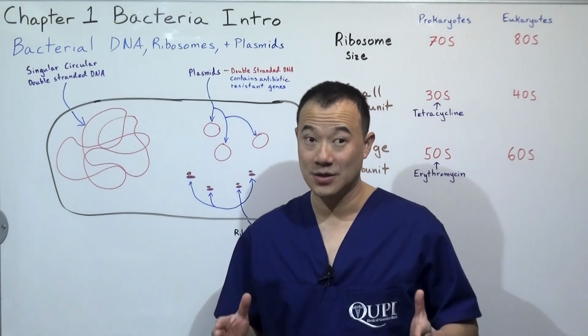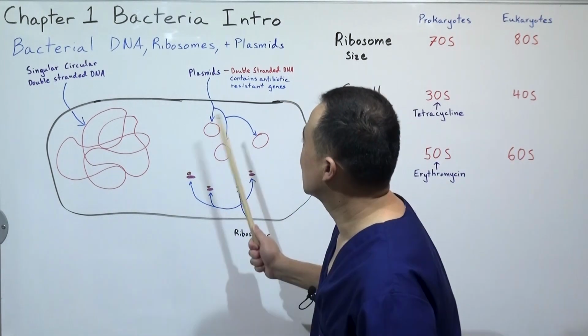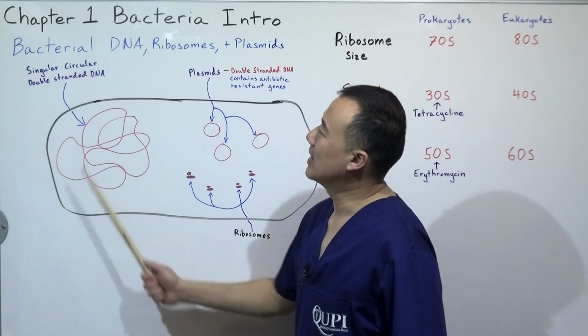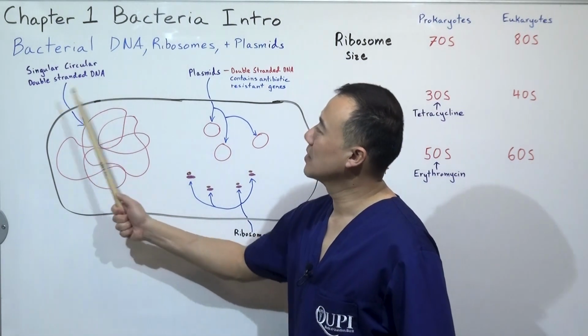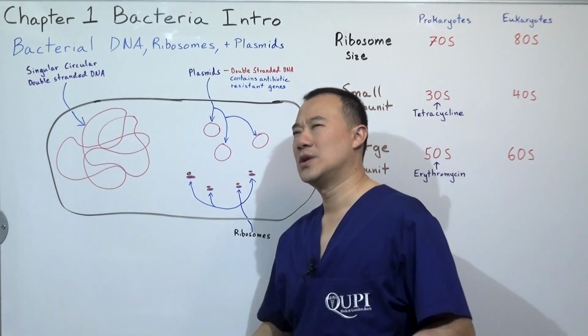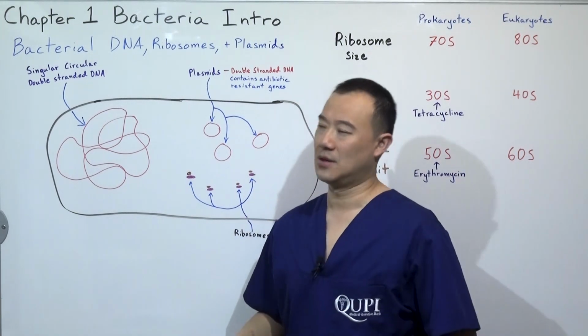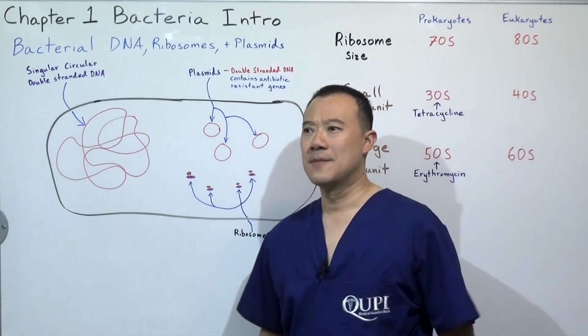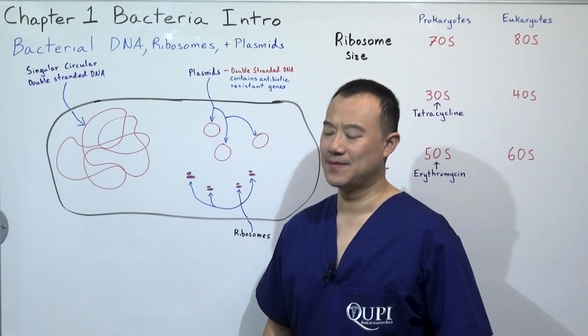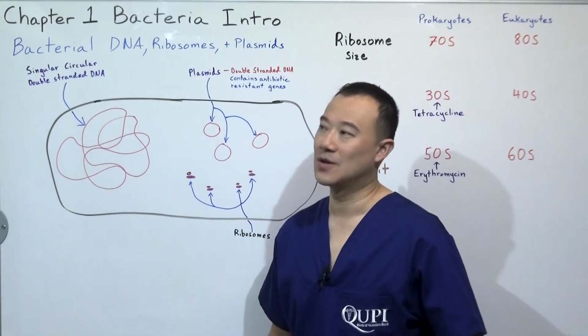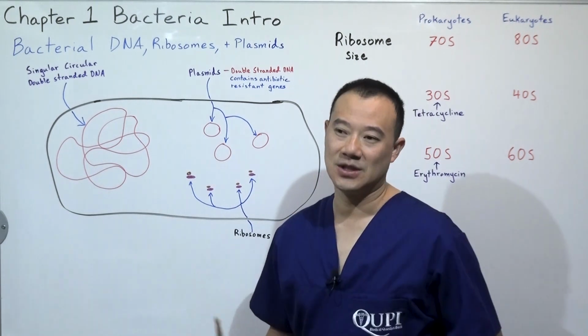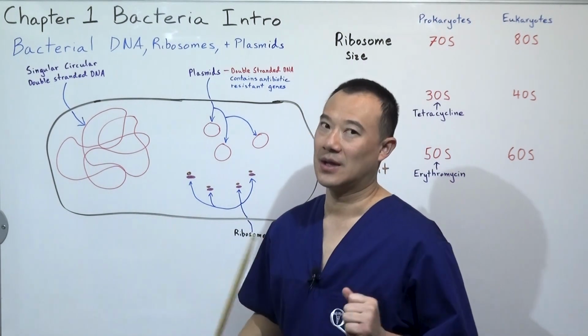The point I want to get to you is that this bacteria has a singular circular double-strand DNA. What do humans have? They have a double helix shaped DNA, don't they? So there's a difference. Why do I need to know these differences? Because of these differences, we can attack the differences using chemical agents, like medicine.